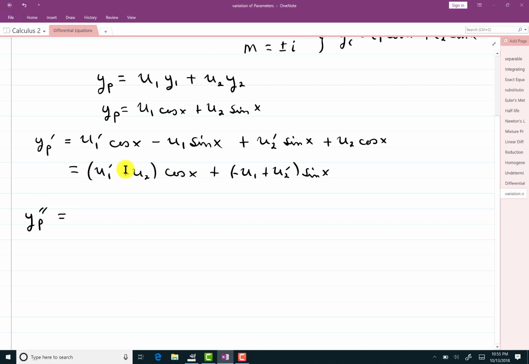So then I'll use product rules on each part of these, and I'll get u1 double prime plus u2 prime times cosine of x minus, now I leave this part alone, u1 prime plus u2 times sine of x.